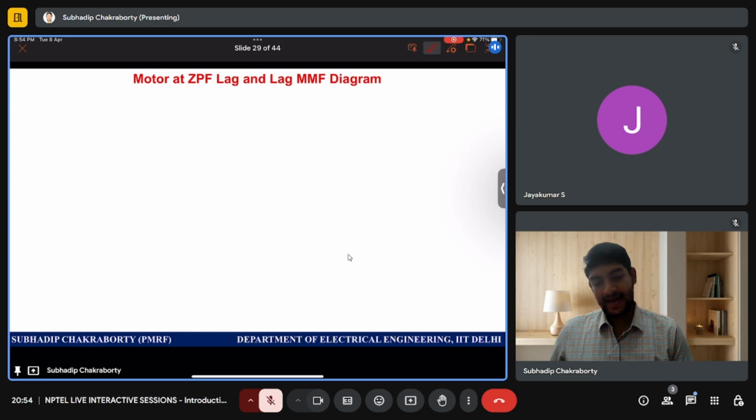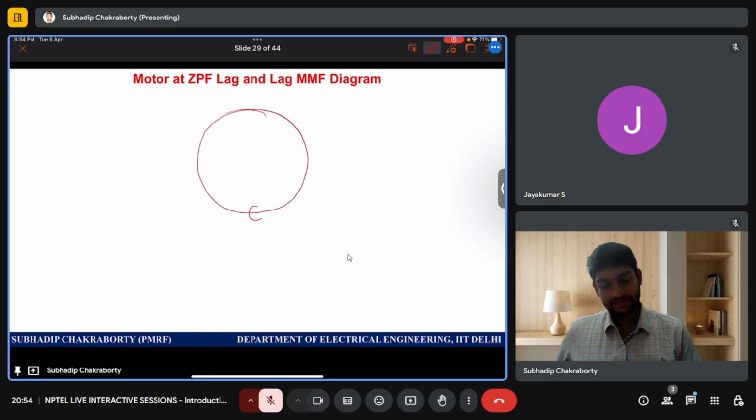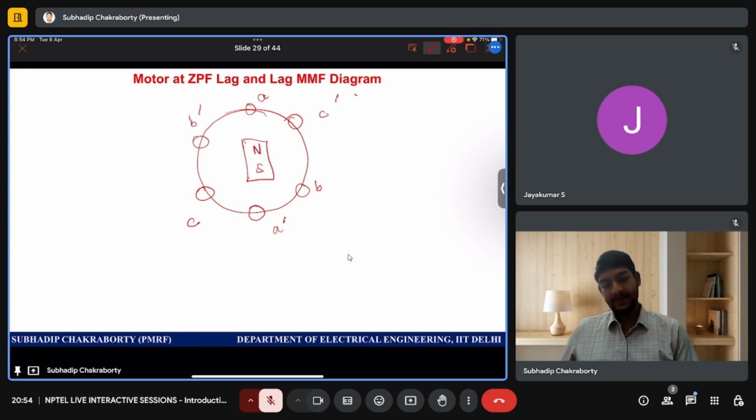Let us see lag, okay, for a motor. These are all 120 degrees, okay. Induced voltage will be maximum in this coil, agreed. And the rotation direction is like this.